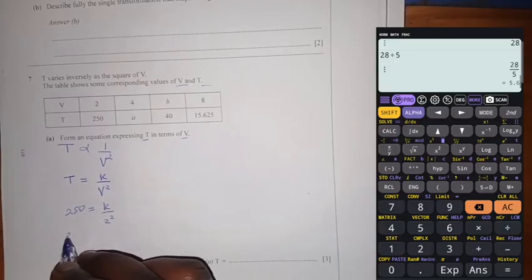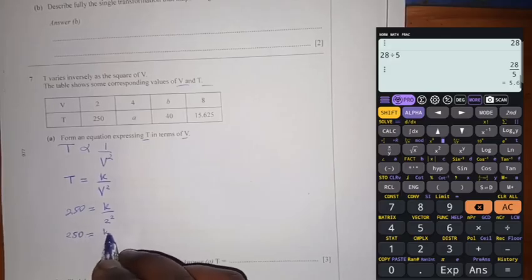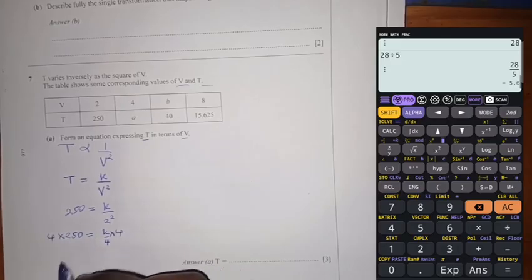So this is 250 equals K over 4. Multiplying by 4, K is equal to 1000. Now what was the question?